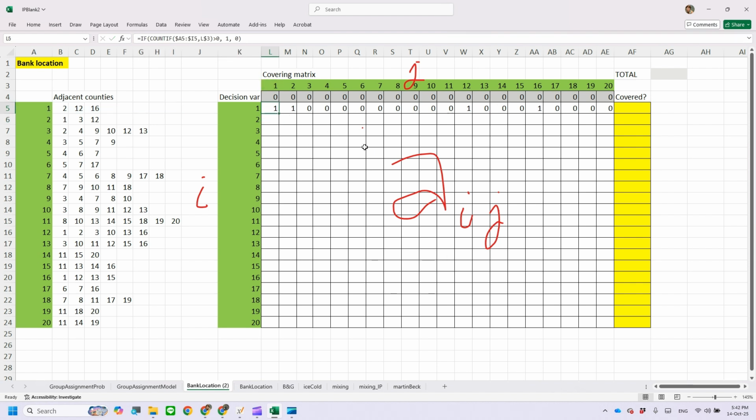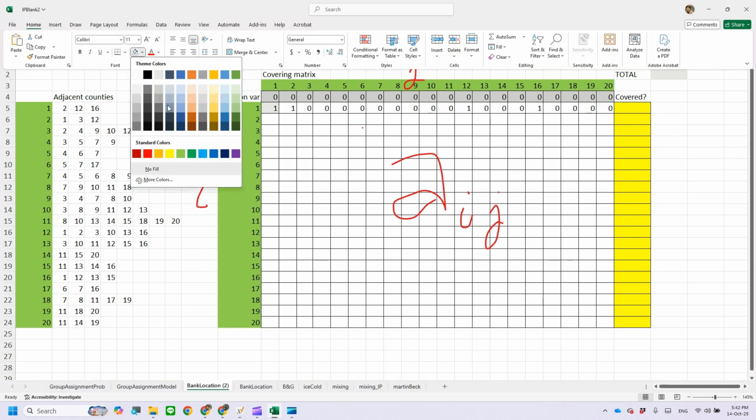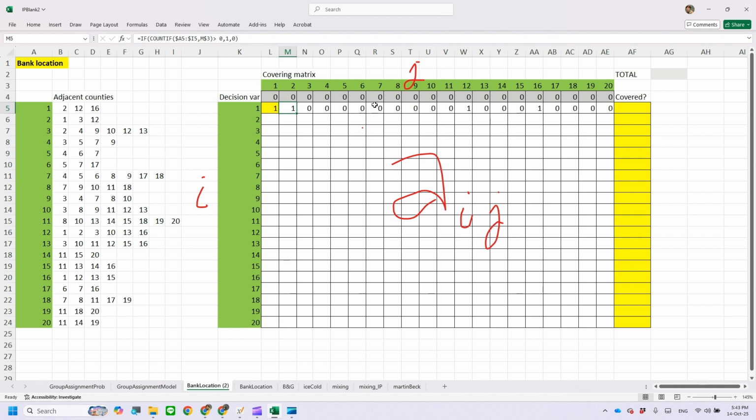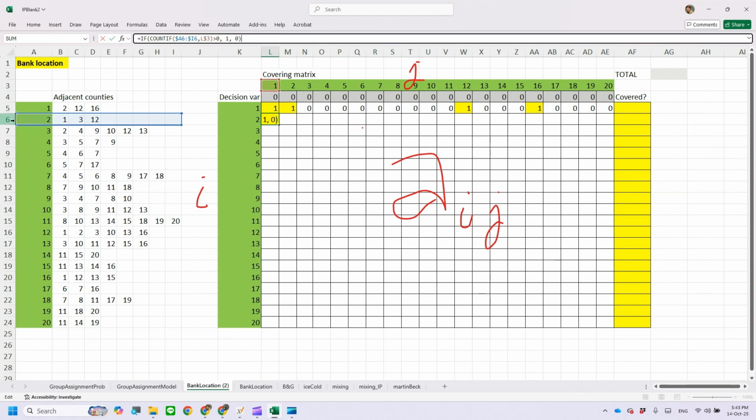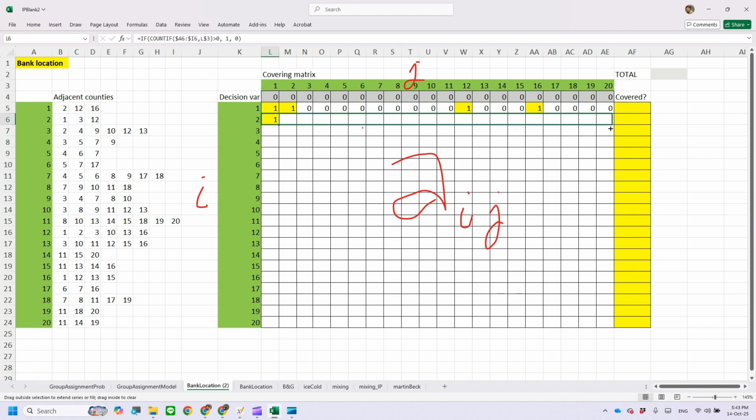So you can see that this formula actually works because we want A11 to be 1, A12 to be 1, and also A112 to be 1, and A116 to be 1. Okay, so it works for the first row, and then let's check the second row. So instead of fixing on row 5, now we move to row 6, and we can copy them.